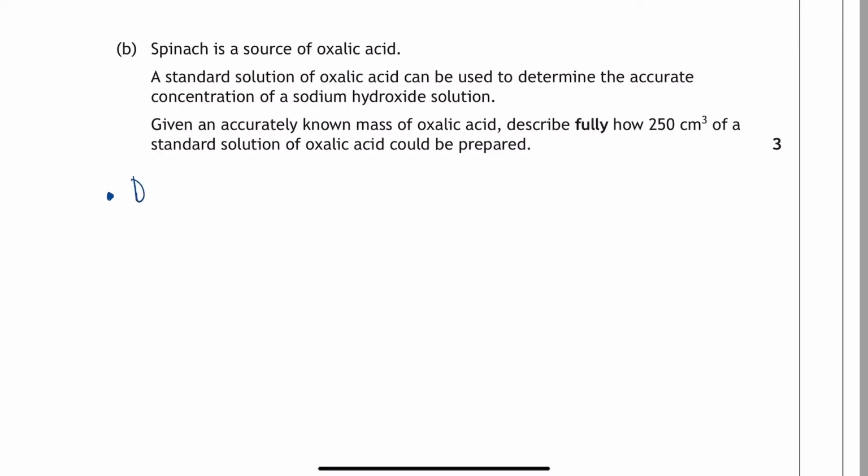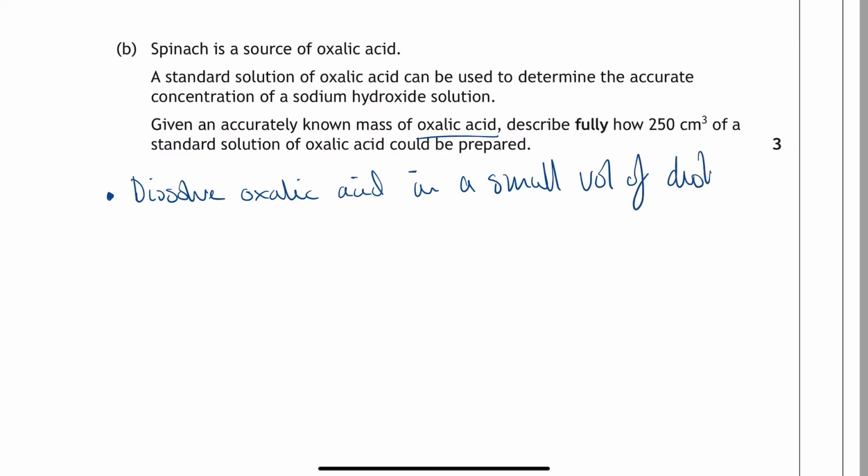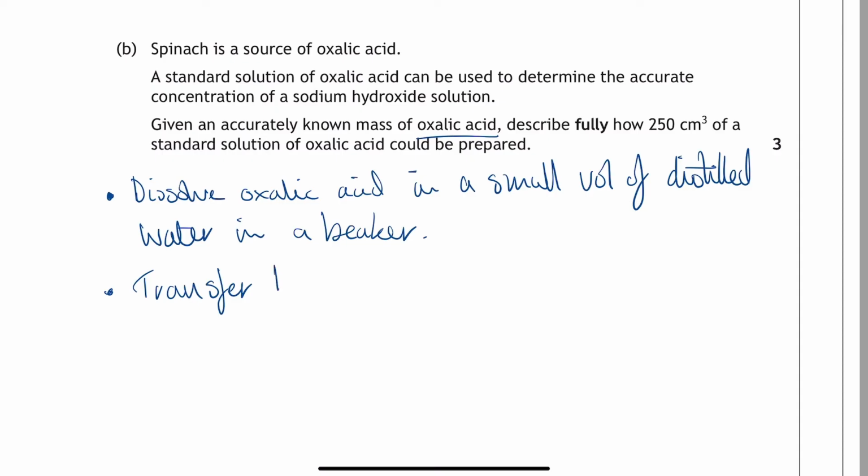So the first step is always dissolve the solid, whatever the solid is. In this case, it's oxalic acid, in a small volume of distilled water in a beaker. Then the second point is always transferring into a standard flask with repeat rinsings.